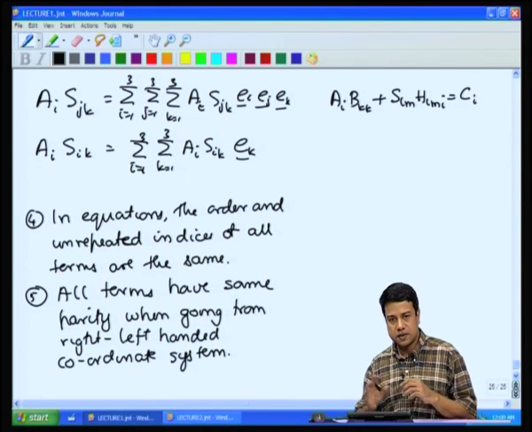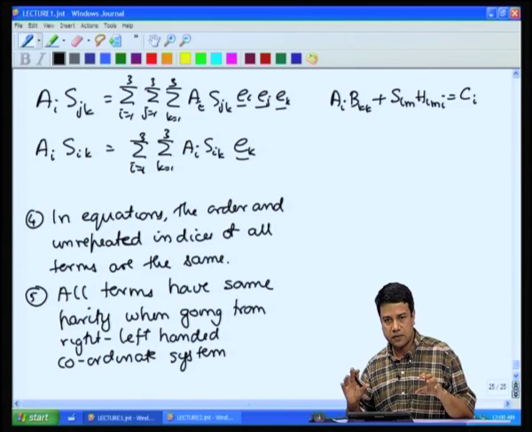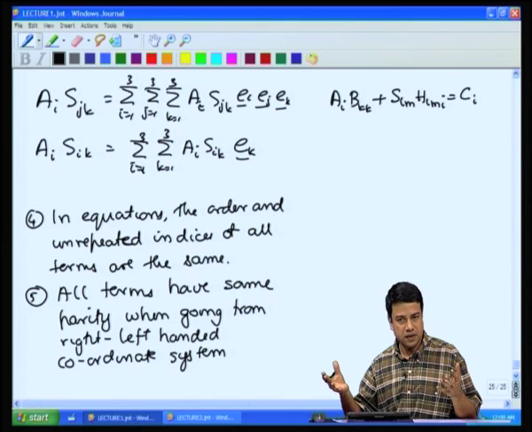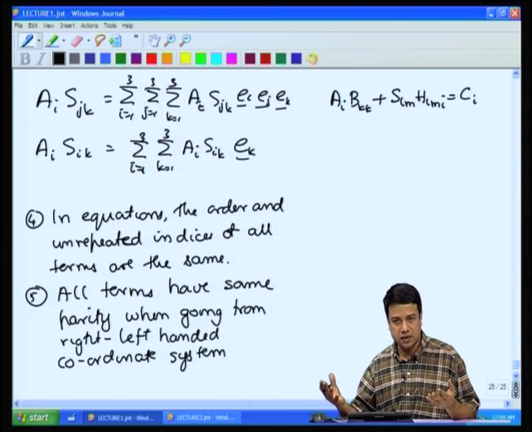That is, if one term changes sign when you go from right to left, all other terms also have to change sign. If one term remains unchanged, then all the terms have to remain unchanged.